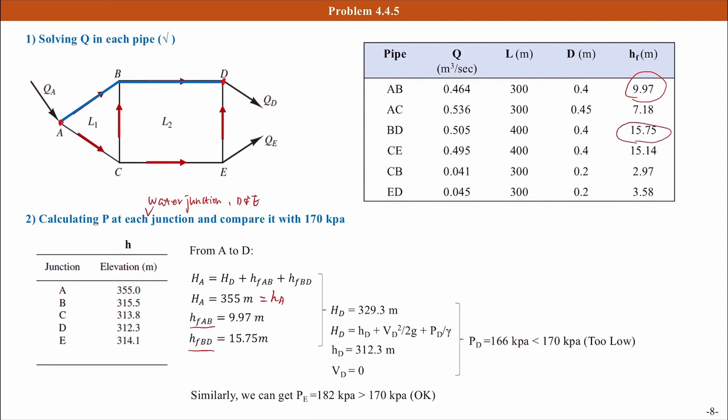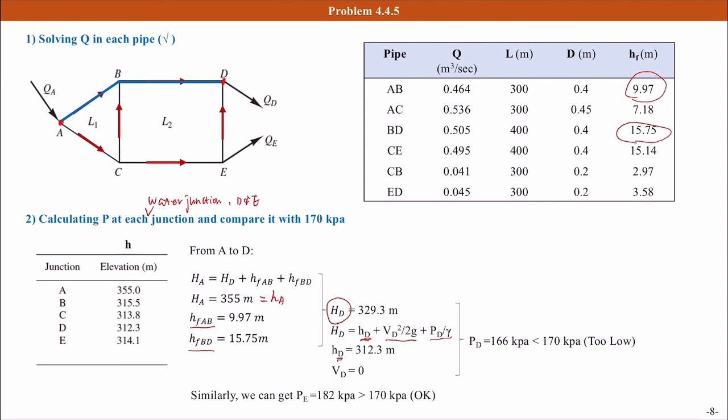Based on this information, we can calculate the total energy at point D, which equals 329.3 meters.